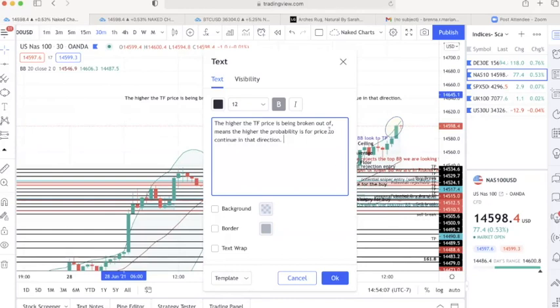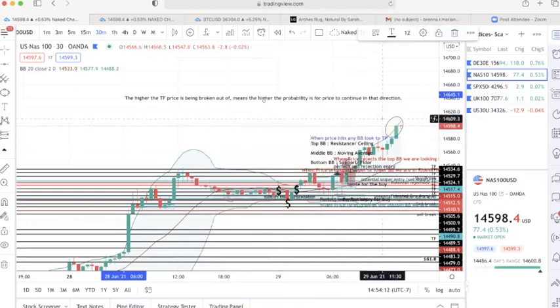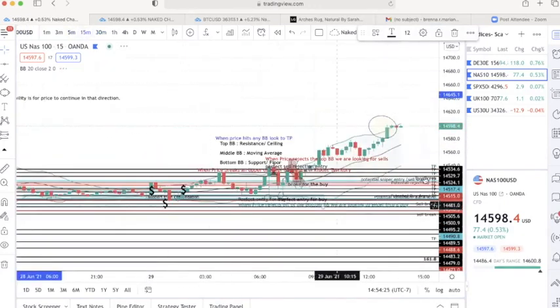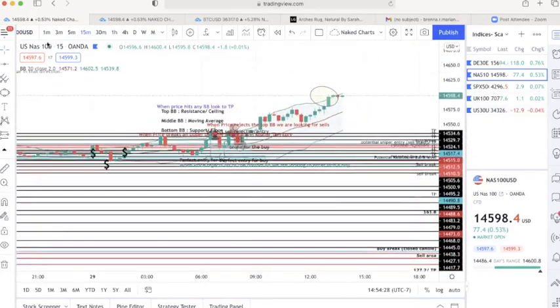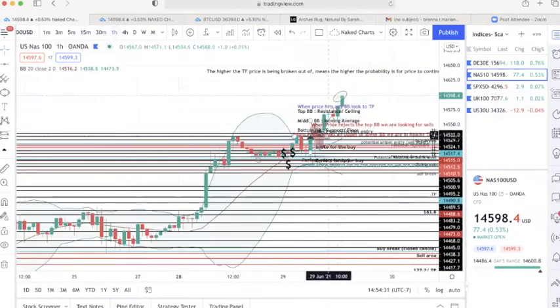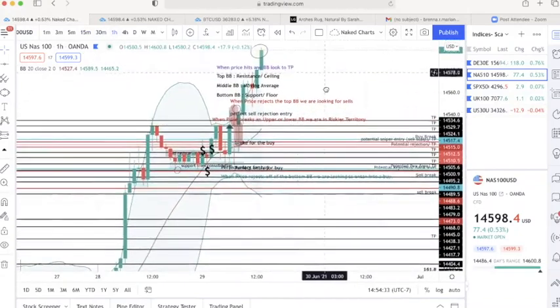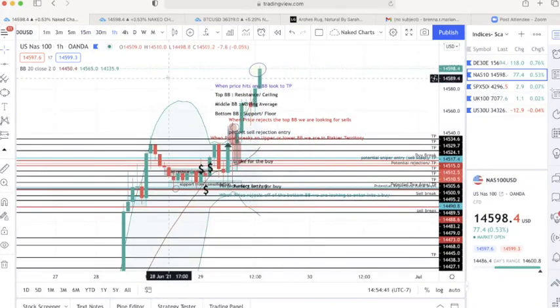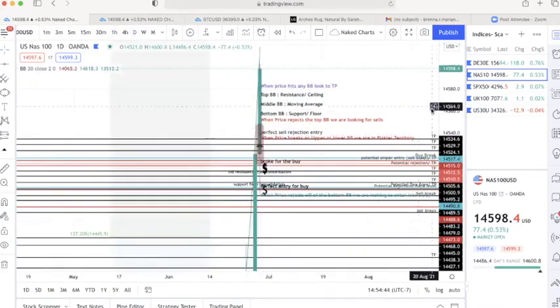So until we start seeing price go inside of the Bollinger Bands on the higher time frames, we shouldn't expect price to go down that far. It may go down on a smaller time frame, to fill these small Bollinger Bands on the lower time frames, but until we see price continue to come back inside of the Bollinger Bands on the higher time frames, we are still moving in a momentum towards the upside. Does that make sense to everyone? Drop a 777 if this makes sense about the higher time frames.